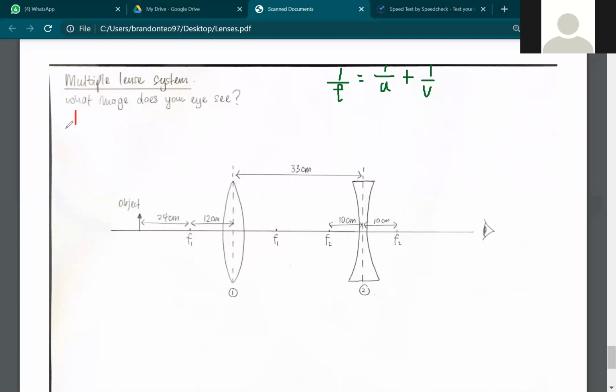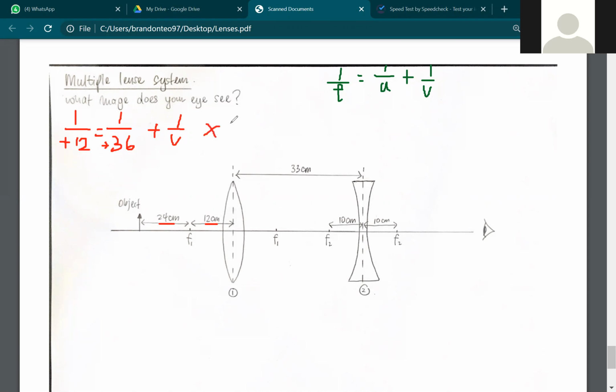So 1 over positive 12, because the focal length of the first lens is 12, equals 1 over object distance, which is always positive, so 24 cm plus 12 cm. So it is positive 36. Now 加 1 over v.